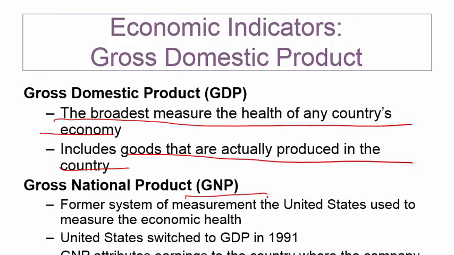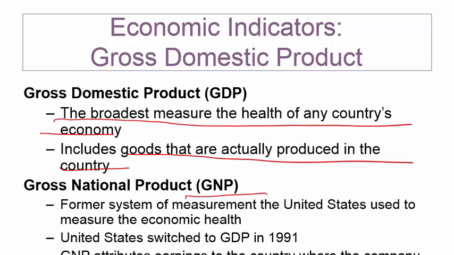We used to use gross national product, which only counted goods that were manufactured by U.S. companies regardless of what country they were manufactured in. So if a U.S. company produced a vehicle in Mexico, they would count that as part of the gross national product. Gross domestic product counts those items that are actually produced in the United States.